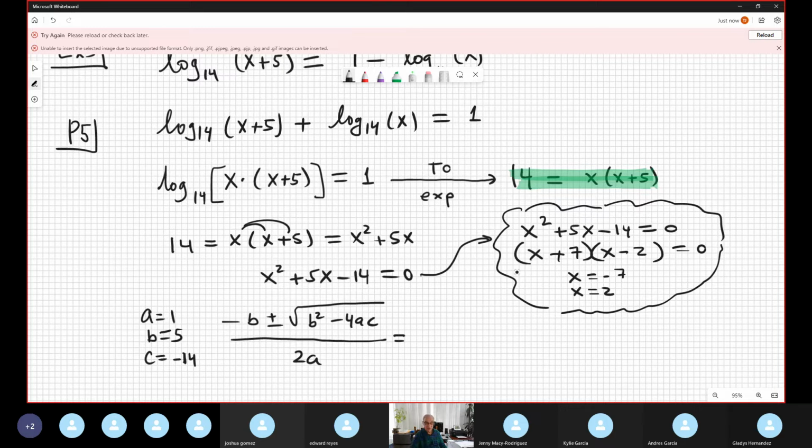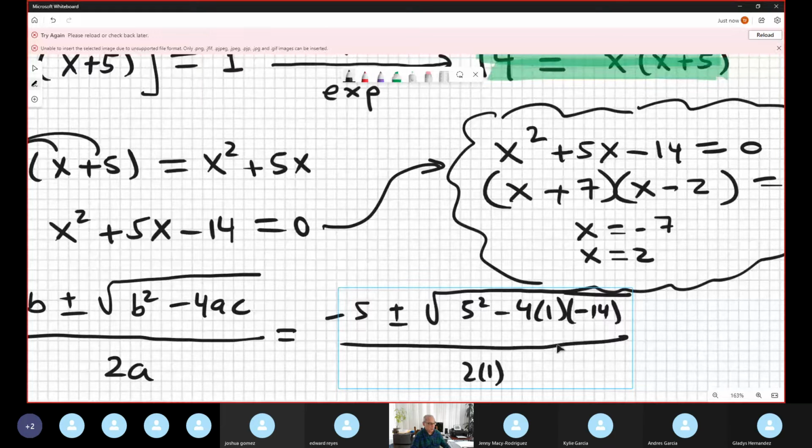I have copied the formula, now replace: b is 5, so minus 5 plus or minus square root of 5 squared minus 4 times 1 times negative 14, divided by 2 times 1. Okay, let's focus on the expression inside. Expression inside is 25, which is 5 squared, and the other is 14 times 4, which is 56, but plus.